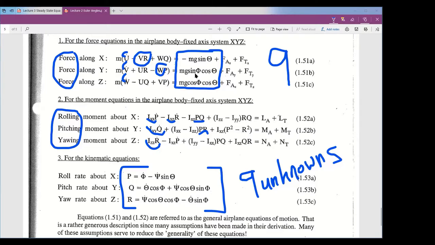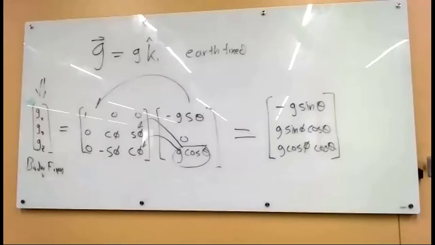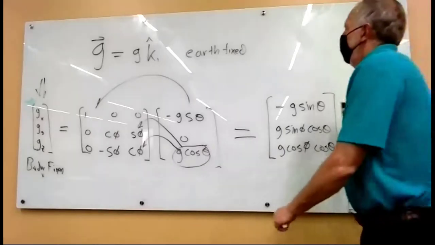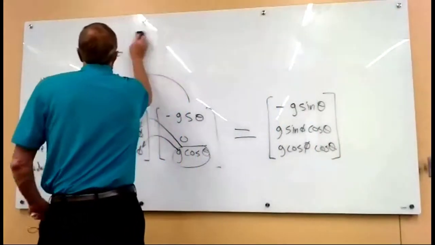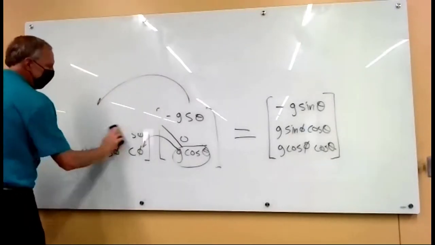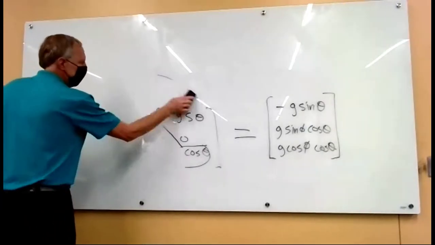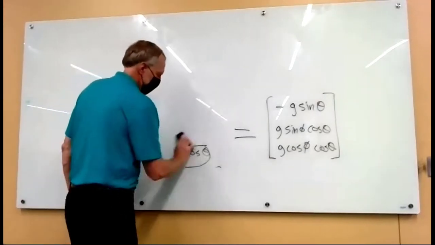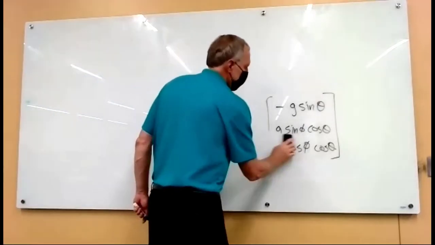All right, so the next steps that we're going to take is we're going to talk about what are called the steady state equations, where there's no acceleration. So we're talking about like a cruise flight condition or a steady state turn, no accelerations. But it's still important to analyze that.